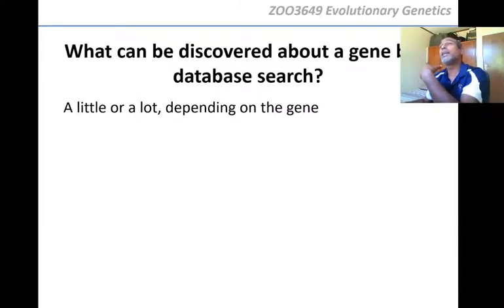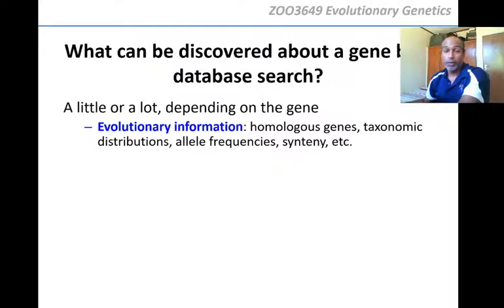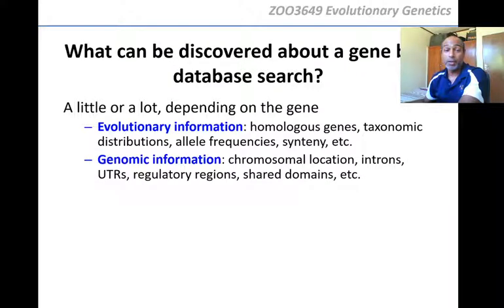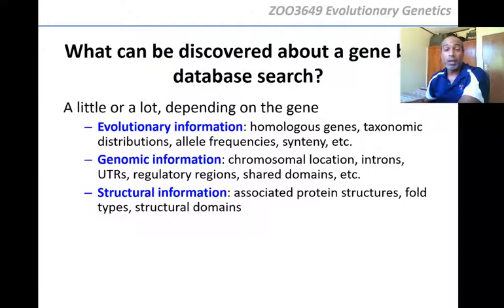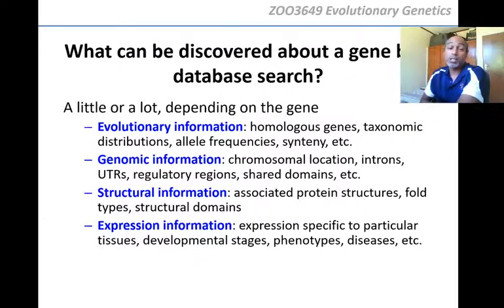So, if you want to find out something, say about a particular gene in the genome, what can you find out? Depending on the gene and how much information you have available, you can find out evolutionary information. You can find out genomic information, so where in the genome the particular gene is, what shared domains, what regulatory regions are involved with that gene, what structural information, what kind of proteins it produces, how expressed, what kind of expression profiles you have.